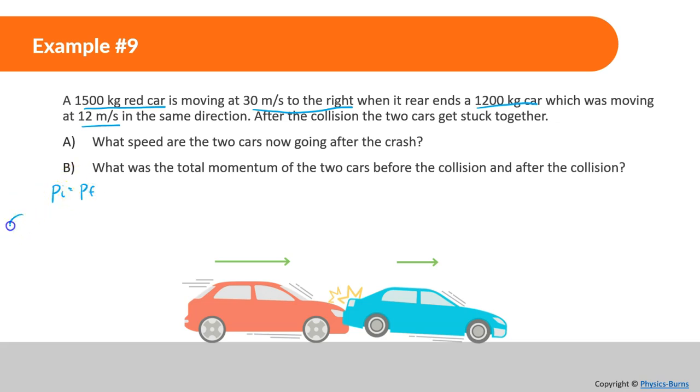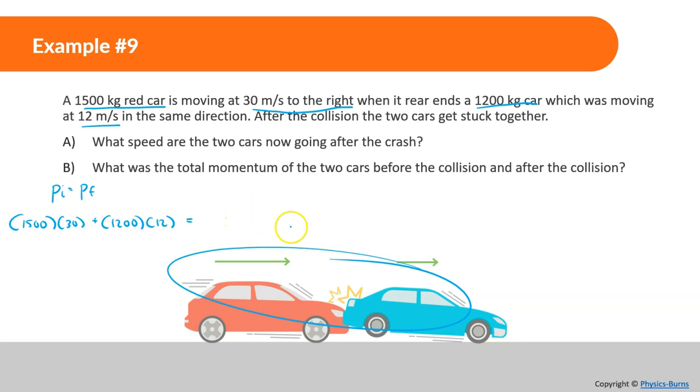At the beginning, we have the red car, which is 1500 kilograms and it's moving 30 meters per second before the collision. The blue car is 1200 kilograms and it is moving 12 meters per second before the collision. After the collision, they get stuck together. Since they're stuck together, we can combine their masses, so 1500 plus 1200, and then they move together with a certain speed.